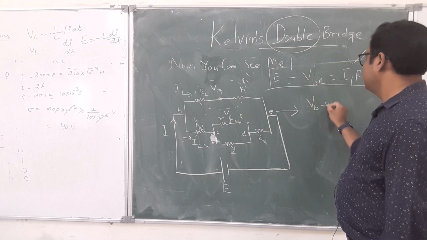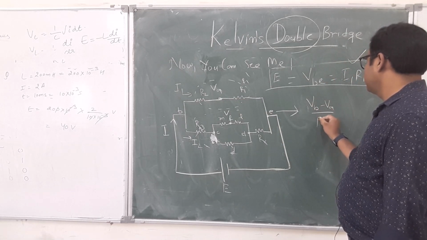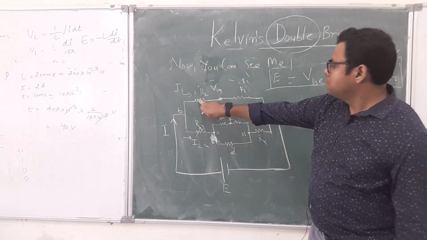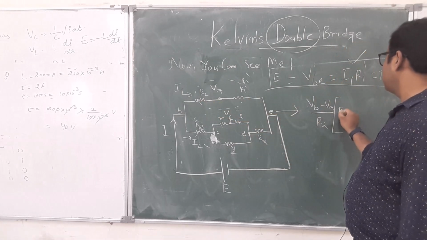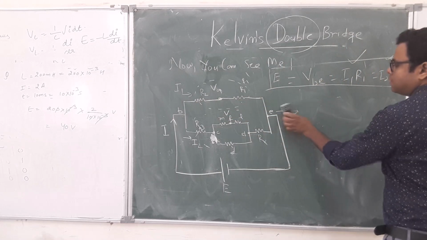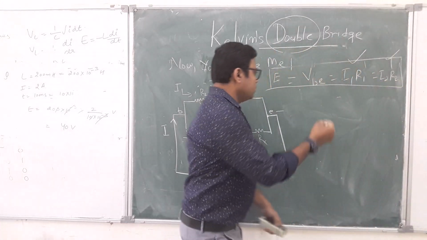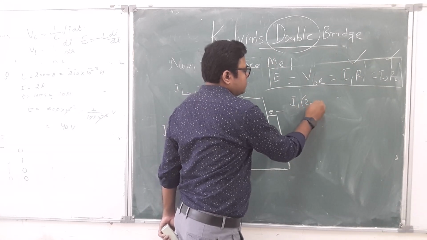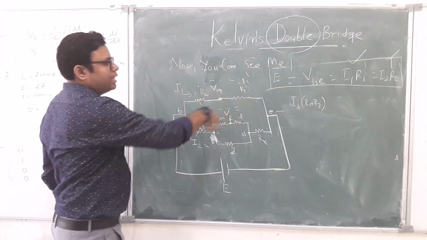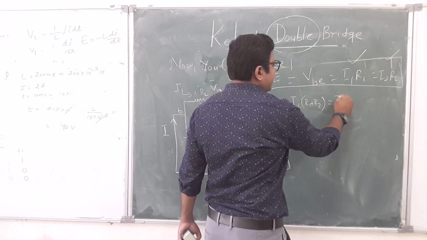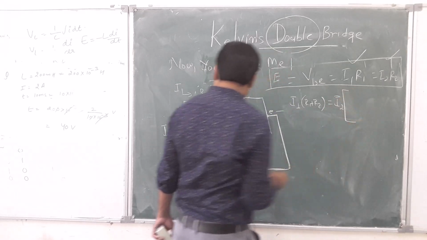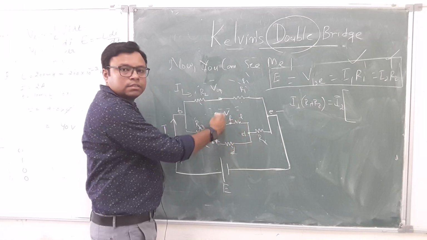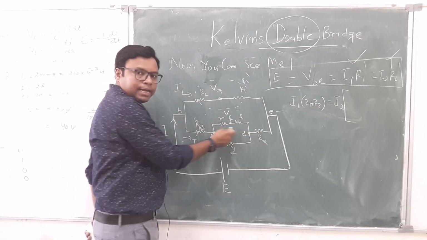VB minus VA by R2 multiplied by the resistance R1 plus R2. Let's do it this way first. Let's see, I1 into R1 plus R2 on this side will be equal to I2 into R3 plus Rx plus the parallel combination of this. R3 plus Rx plus parallel.